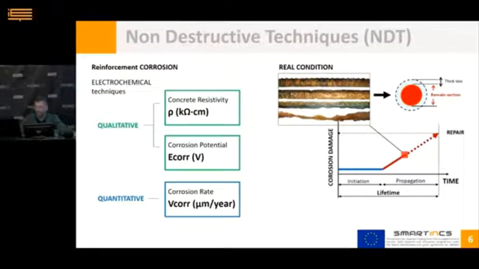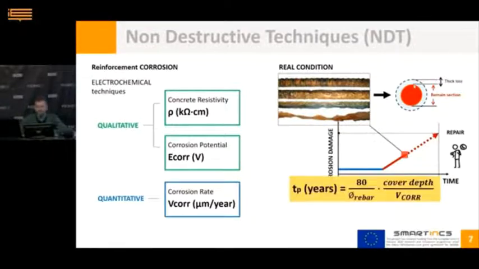That is the rate at which the steel section of reinforcements is being lost. This parameter is very important since it is used in durability models to estimate the lifespan of the structure. That is how much time is left before the end of the service life.